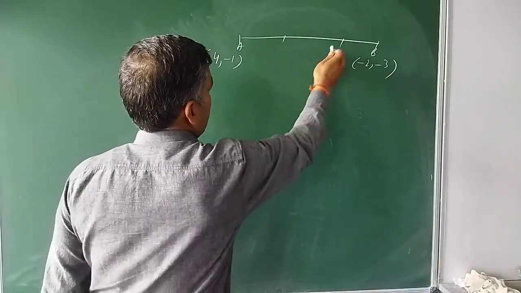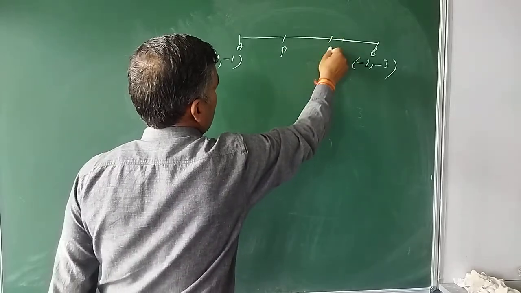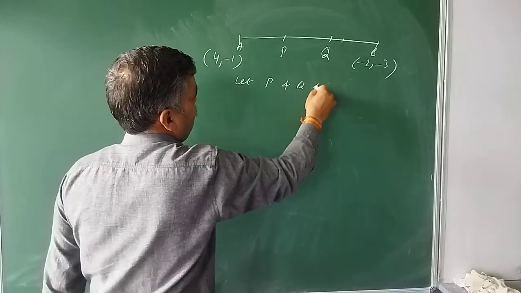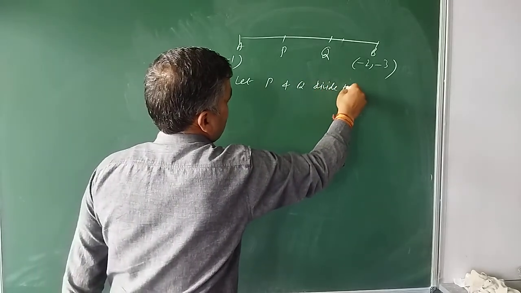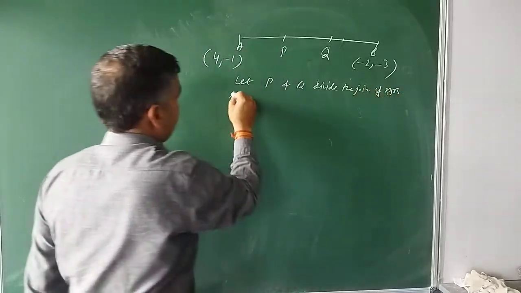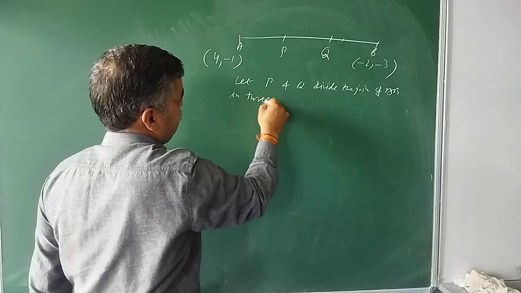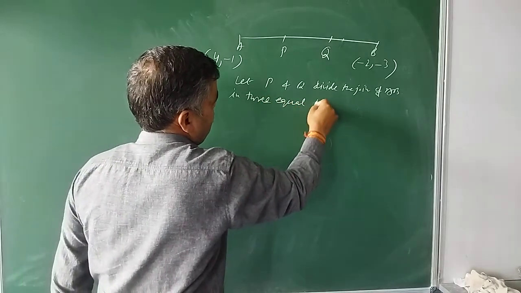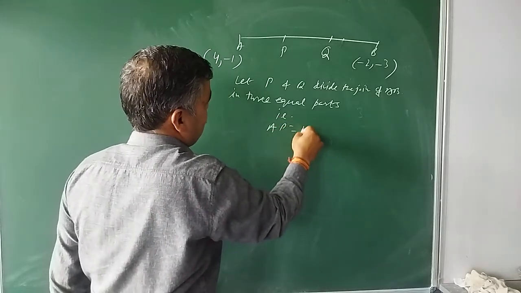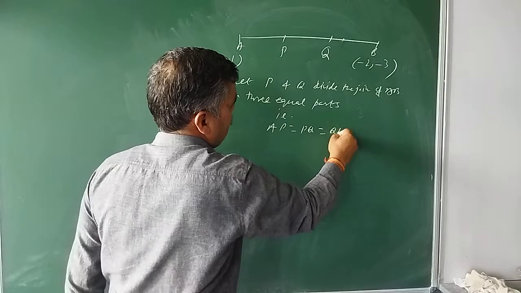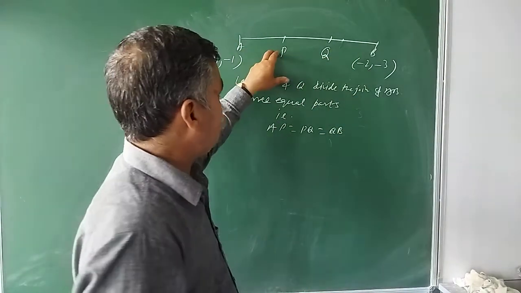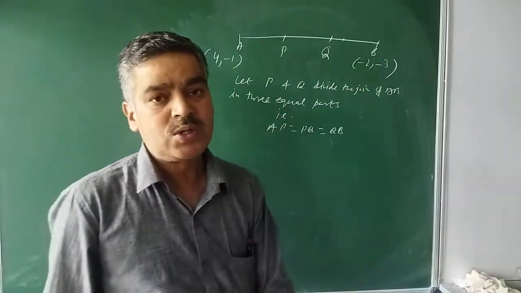Suppose one is P and another is Q, so that P and Q divide the join of AB in 3 equal parts, that is AP is equal to PQ is equal to QB. So then the line is getting trisected.